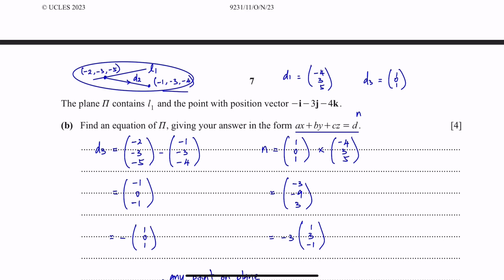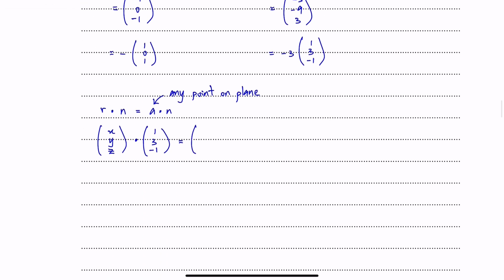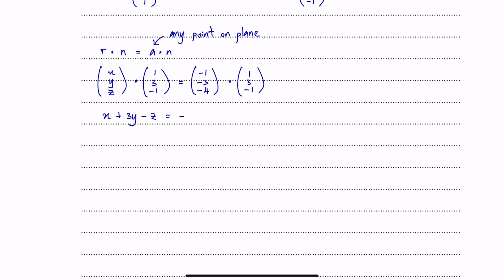It looks nicer. So now we just find the dot product. So x plus 3y minus z equals to -6 will be the equation for the plane.